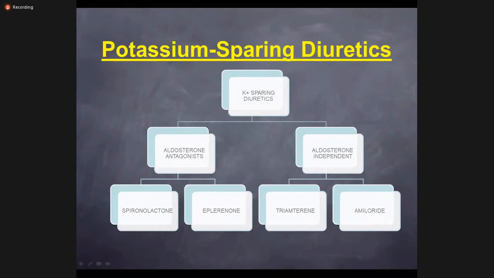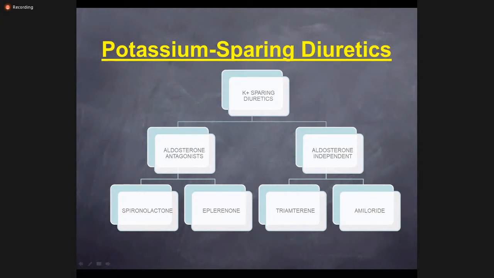And the second secretion is ADH, antidiuretic hormone, that also acts on these collecting ducts, right? Antidiuretic hormone, as the name indicates, prevents the diuretic effect, right?